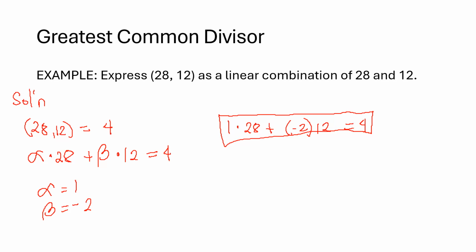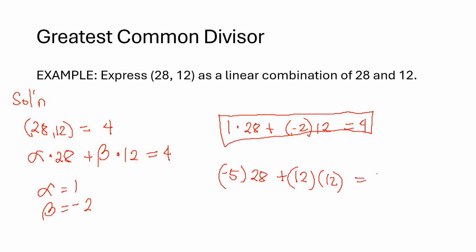Now, take note that the values of alpha and beta in the linear combination need not be unique. So for instance, we could also say that the linear combination of the GCD of 28 and 12 can be negative 5 times 28 plus 12 times 12.